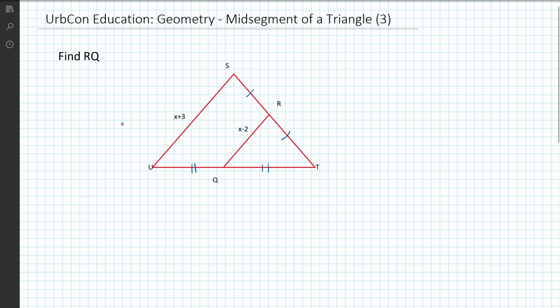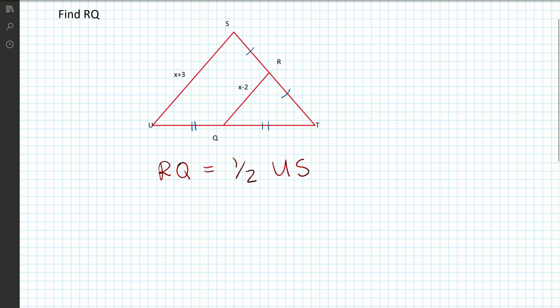So QR, or RQ, whatever you want to call it, we just said that it's 1/2 of US according to the midsegment theorem. Well, let's just plug in what they gave us. RQ is x minus 2. 1/2 of US. US is the x plus 3.